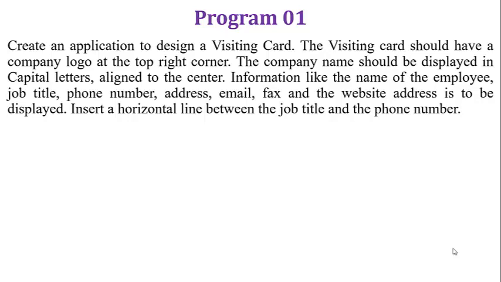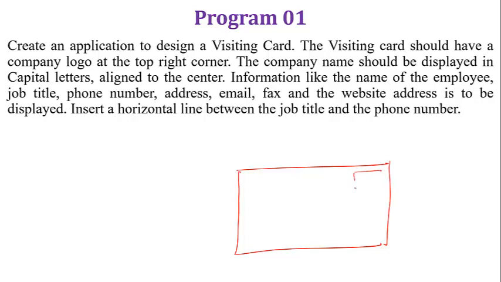How the visiting card should be designed in the sense, first at the right top corner we should have a company logo, and the rest in the center we should have a company name and logo, and then we should have one horizontal line.